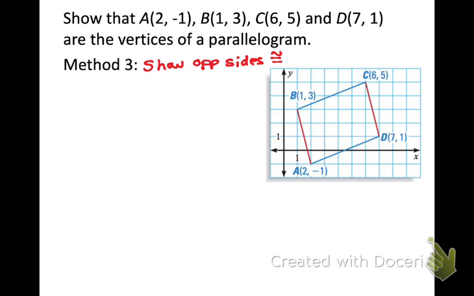Yeah, so your distance formula, let's write it just so you guys have it. It's the square root of x sub 2 minus x sub 1 squared plus y sub 2 minus y sub 1 squared. That whole long thing.